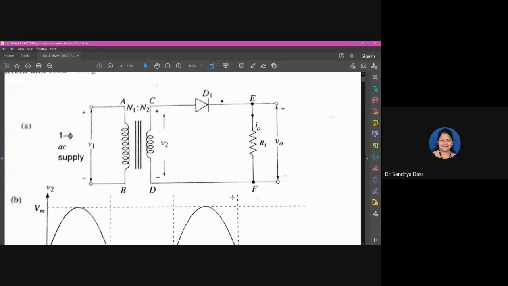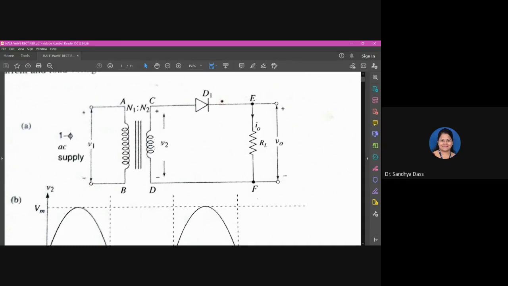So observe this half-wave rectifier. This again I'm taking directly from the textbook, so you can expect such diagrams in the future. The circuit shown here is the half-wave rectifier, where there is a transformer connected at the input, with the instantaneous supply voltage V1, and V2 is your instantaneous secondary voltage.